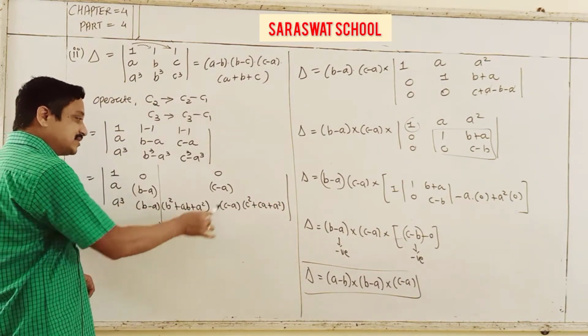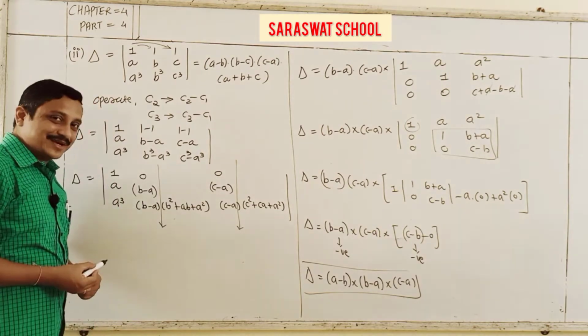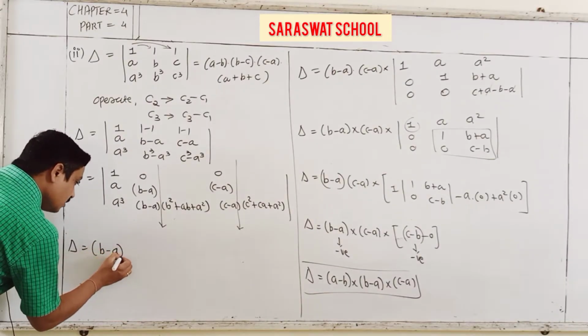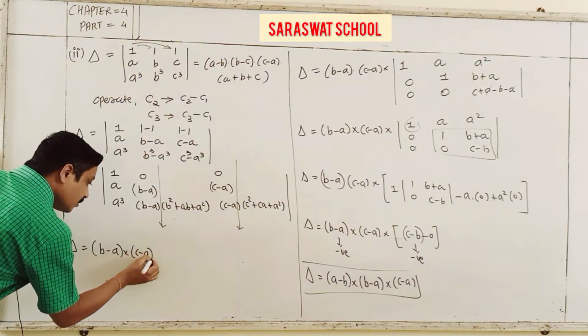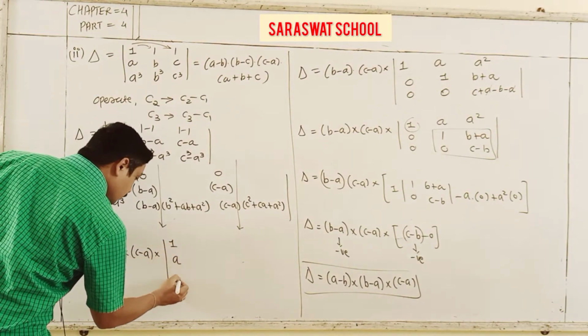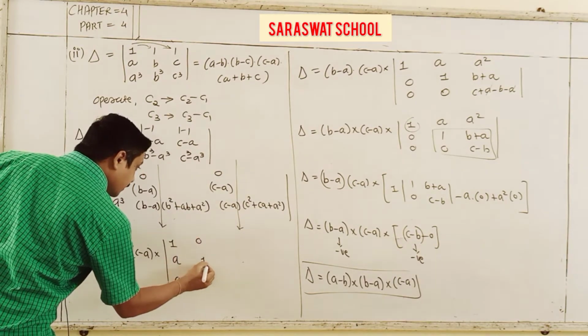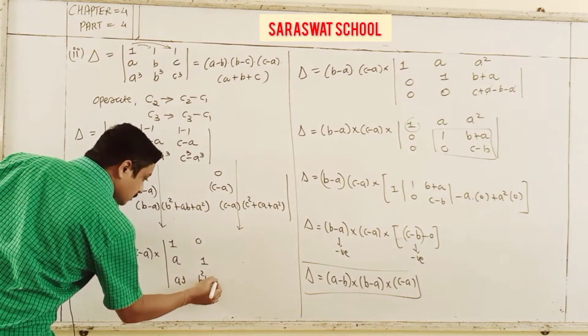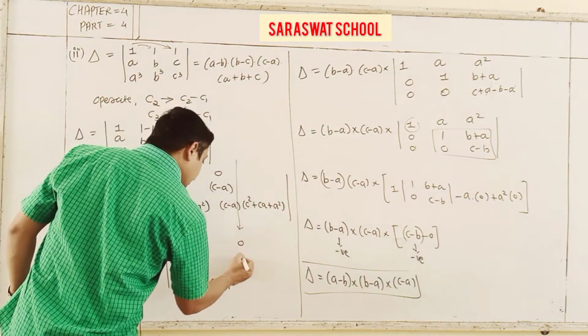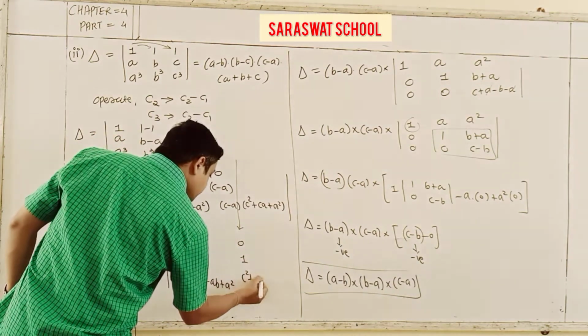Here common b minus a, here common take c minus a. Finally you will get del, b minus a, c minus a, remaining are 1 a cube, here 0 1 b square ab a square, and 0 1 c square ca a square.